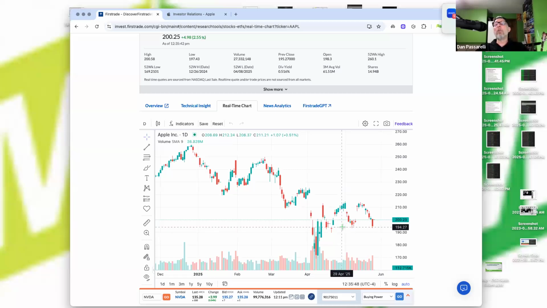Apple, though, has its own volatility drivers these days. And that is the whole tariff thing. Trump called out Apple's CEO Tim Cook by name and by company last week, saying Apple doesn't produce products in the United States, they're going to pay tariffs.